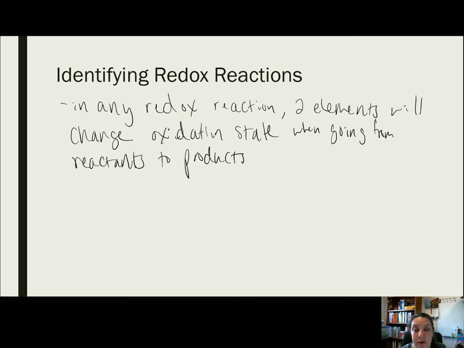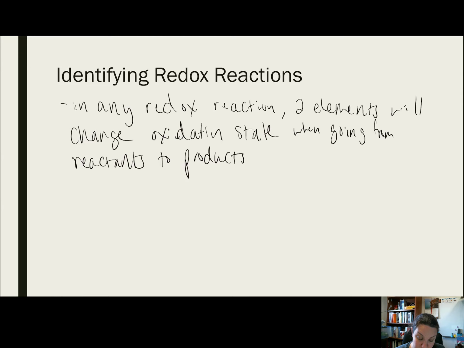An easy way to approach a redox reaction is looking at what species are being oxidized and what species are being reduced, and then you can start to produce your half reactions. We're going to talk about actually balancing these redox reactions in the next video.